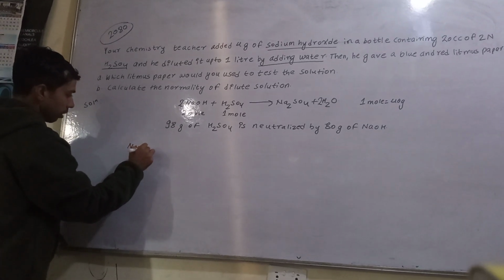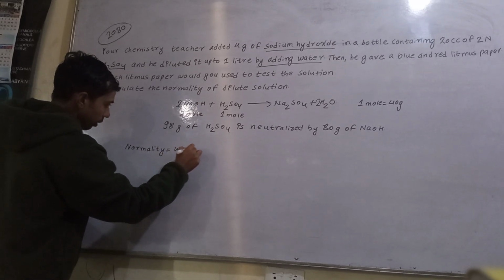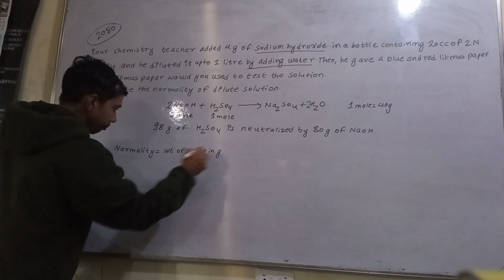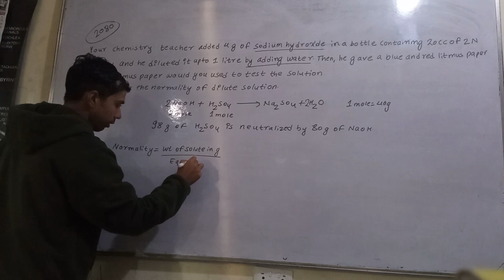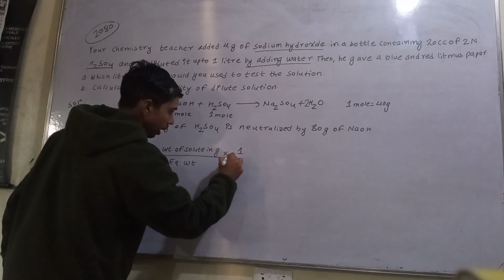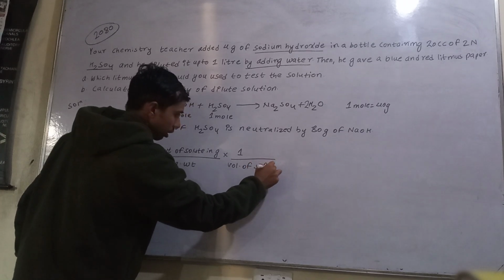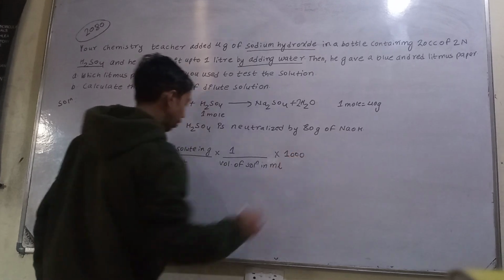We know that normality equals weight of solute in grams divided by equivalent weight, into 1 upon volume of solution in ml into 1000.